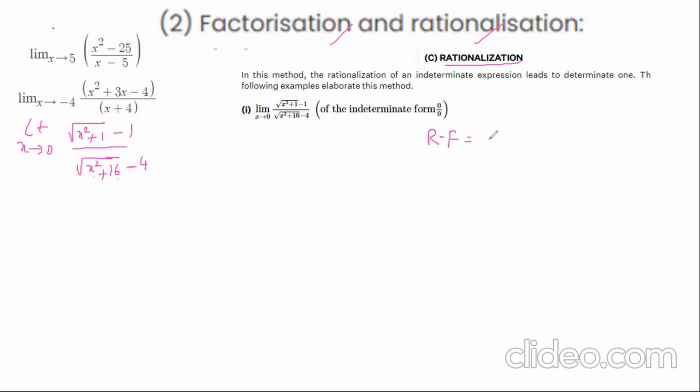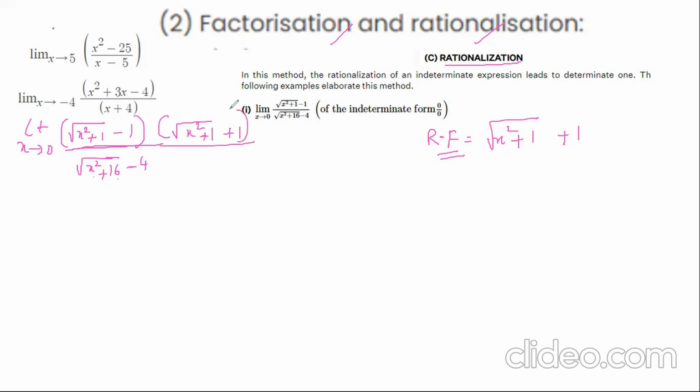The rationalizing factor is root of (x square plus 1) plus 1. Whenever you have a form like this, you multiply with its RF to make it rational. So I am multiplying the numerator with the rationalizing factor, root of (x square plus 1) plus 1.